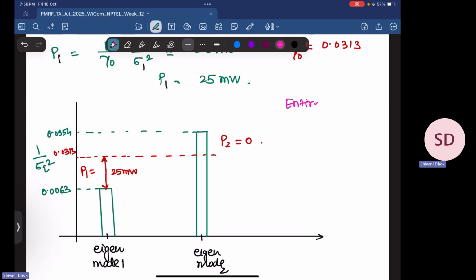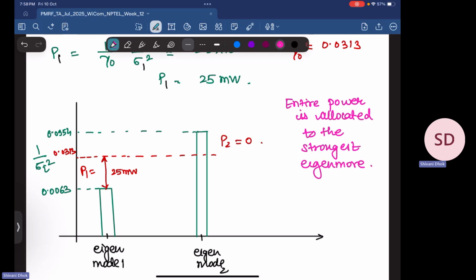Entire power is allocated to the strongest eigenmode. So this was the first part.